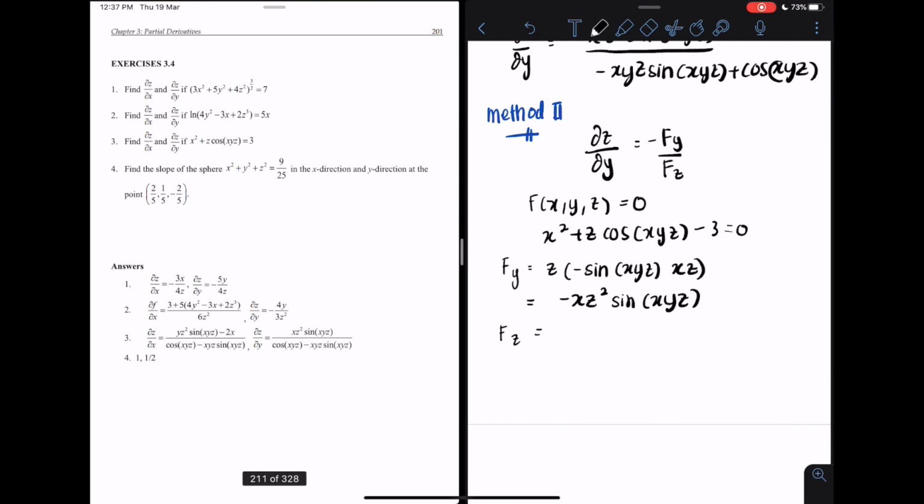So we will apply product rule to solve the problem. Okay, I will get z, in bracket, negative sine xyz. Differentiate xyz with respect to variable z. I will get xy. I think that's correct.